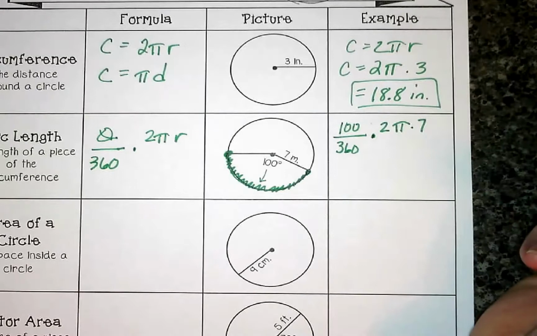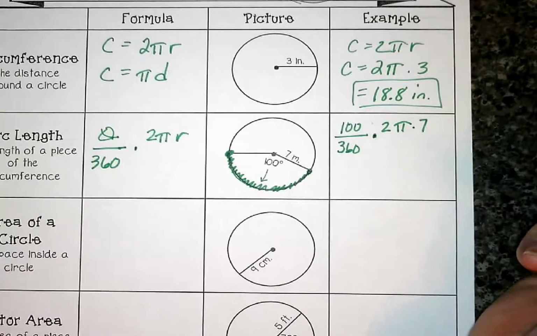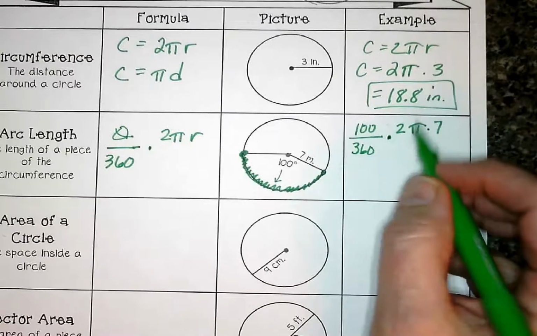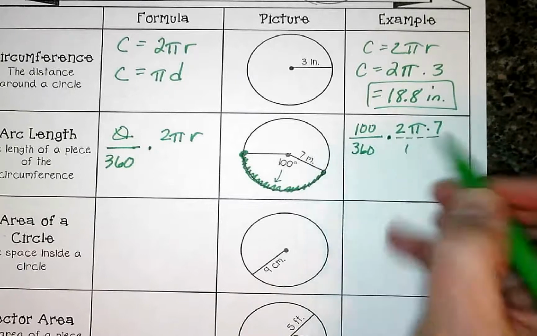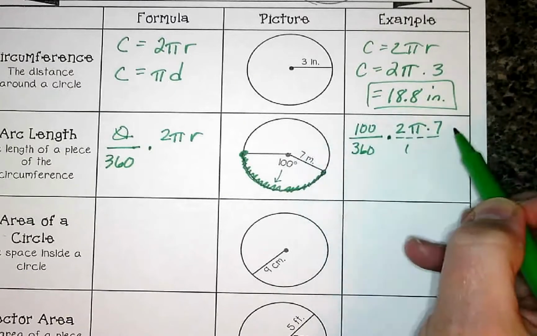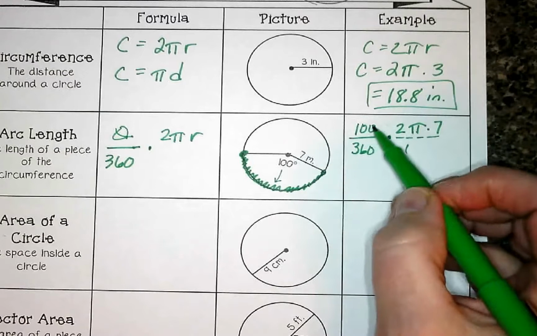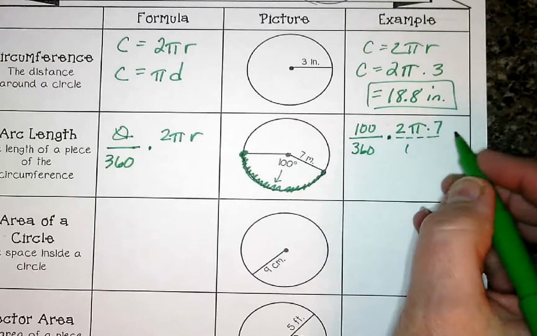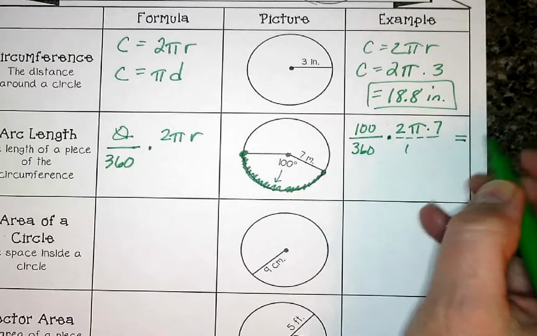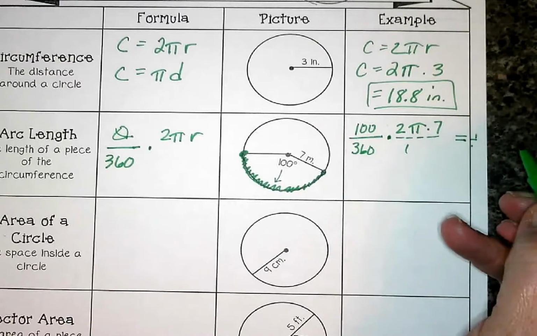Now how you multiply that together is lots of different options. My best advice, since this is multiplication and these are all on the top, is that you multiply all the way across the top. So you take 100 times 2 times pi times 7, then push equals, then divide by 360.